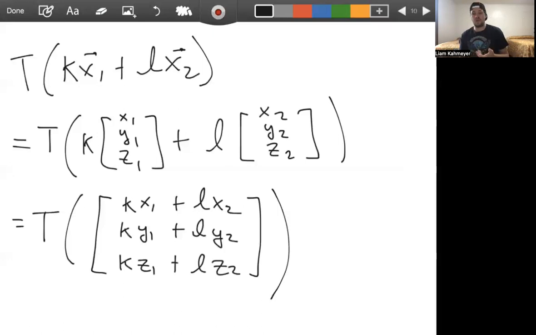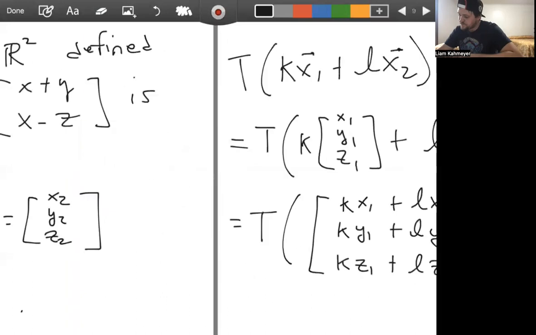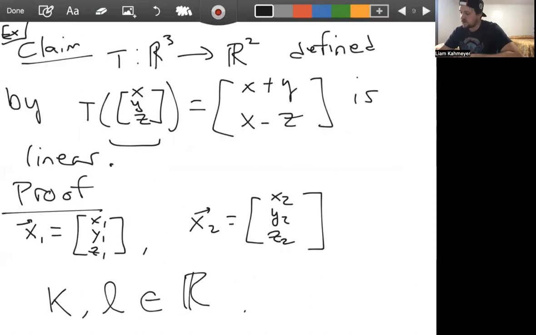Now we have one vector, and we understand how this transformation works. It takes x, y, z, and the result is x plus y, x minus z.